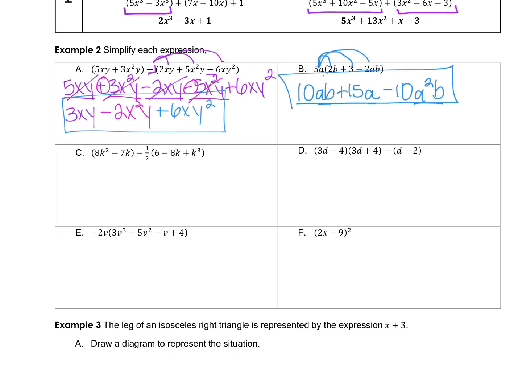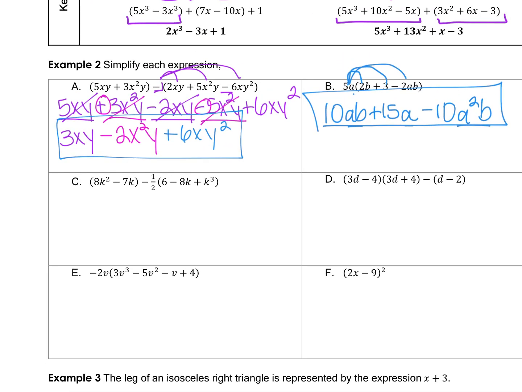All right, let's take a look at the next example. So notice I have 8k squared minus 7k, and then I have a subtraction sign and a 1/2, and then I have parentheses. So I'm going to have to distribute that all the way through. So negative 1/2, which means half, divided by 2.